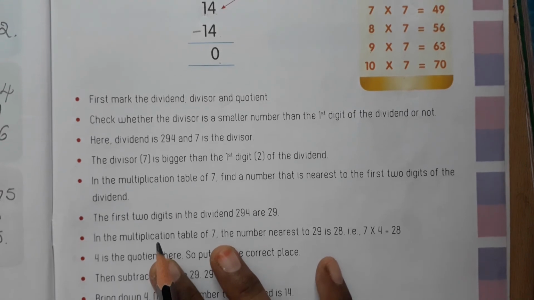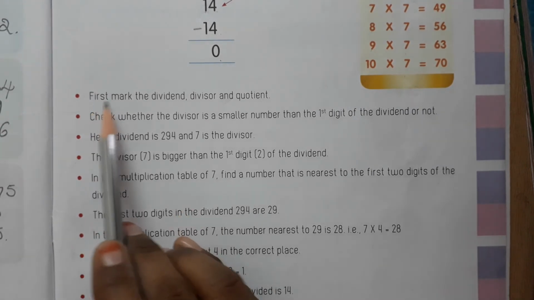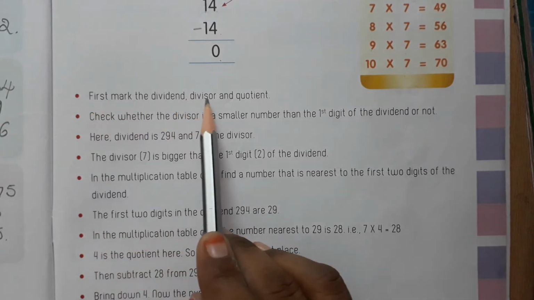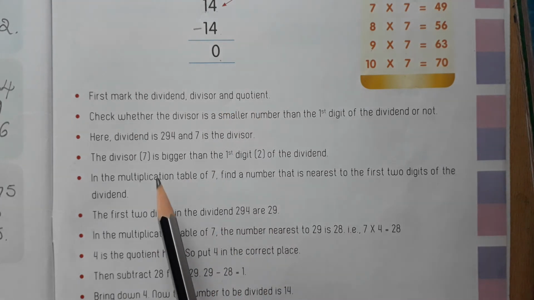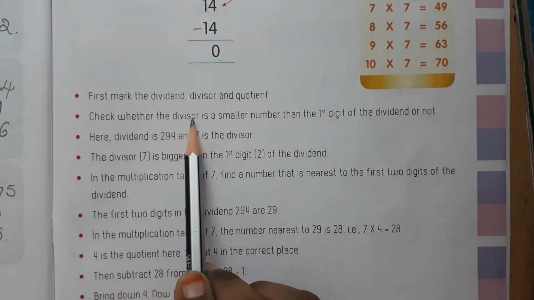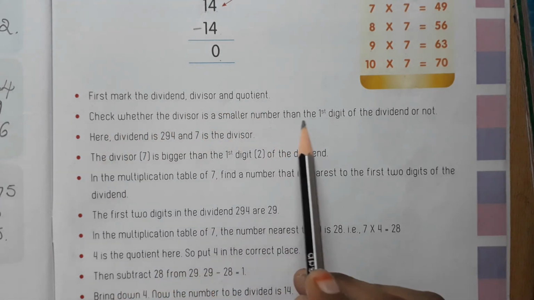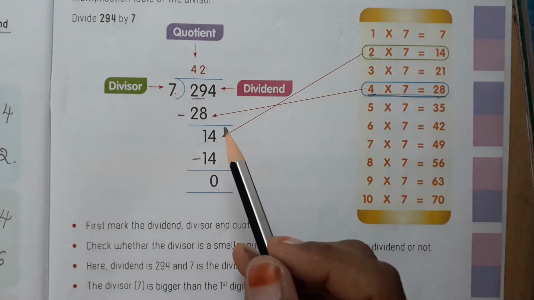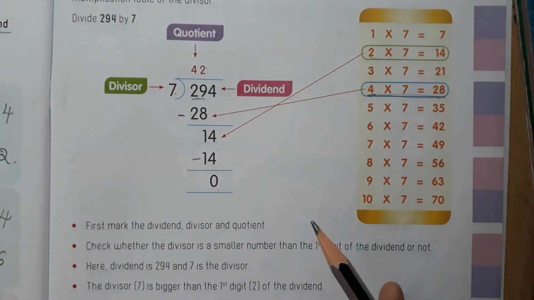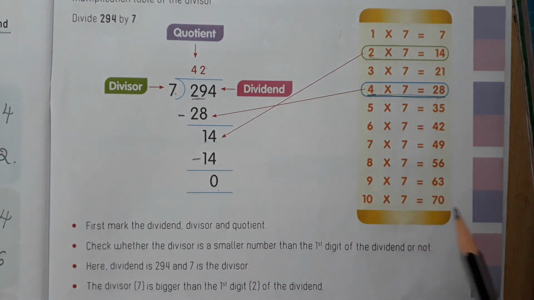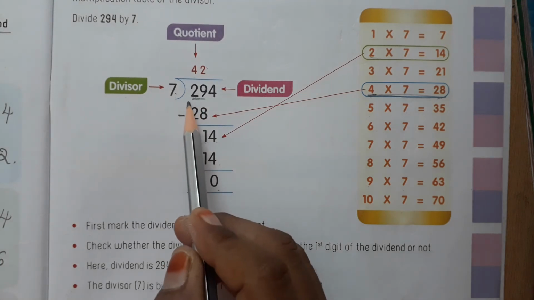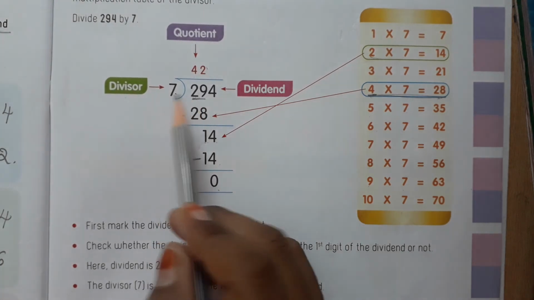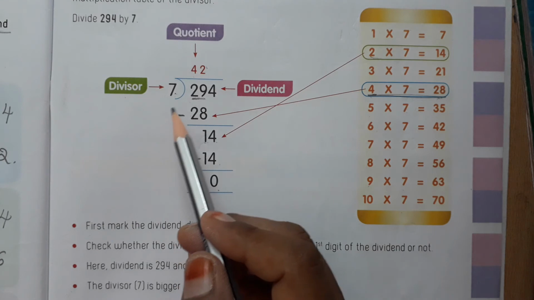So here is the explanation, children. Look. First, mark the dividend, divisor and quotient. Check whether the divisor is a smaller number than the first digit of the dividend or not. Which one is small here?